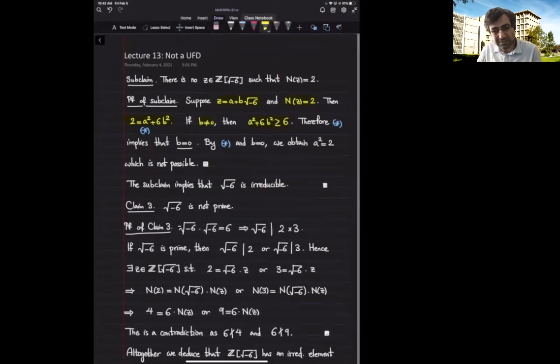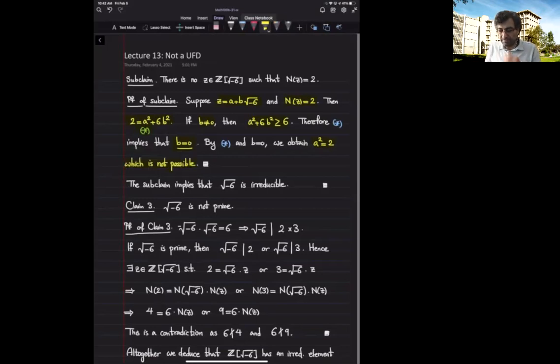So if b is not 0, this equality cannot hold. I cannot have 2 equal to a squared plus 6b squared. So having this star equation implies that b should be 0, which means a squared should be 2, but that's not possible because a is an integer. The square root of 2 is not even rational. So it's not possible. We get a contradiction.